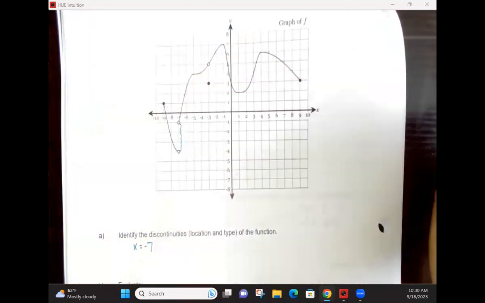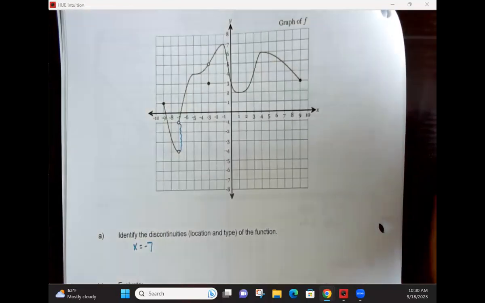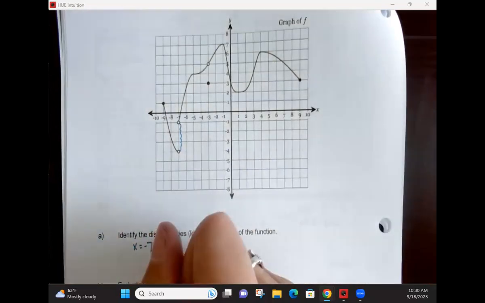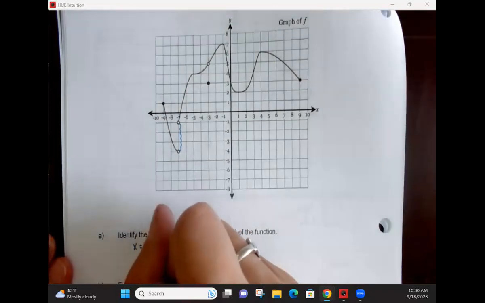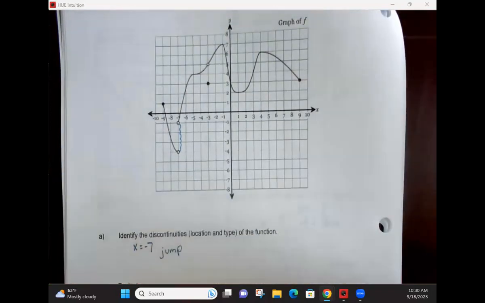You see how we have a vertical jump there? Vertical gap. If we have a vertical gap, we usually call that a jump. But I definitely see where we would say hole because I don't have a defined value for that.